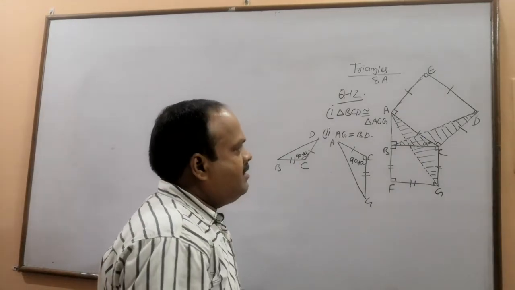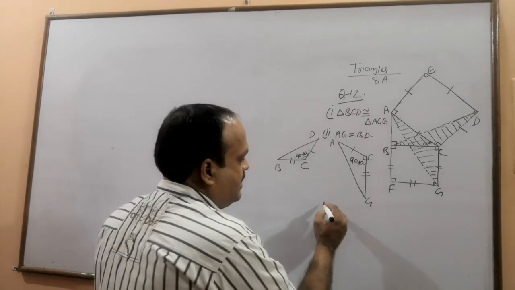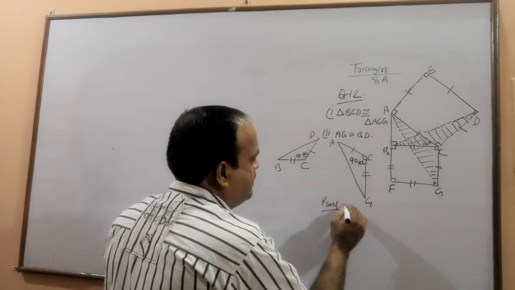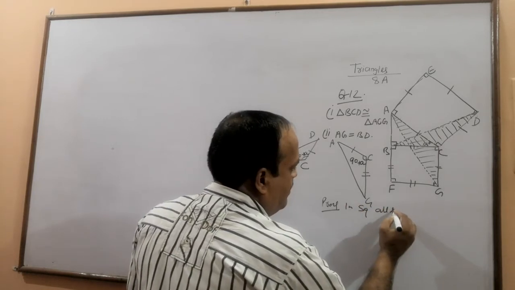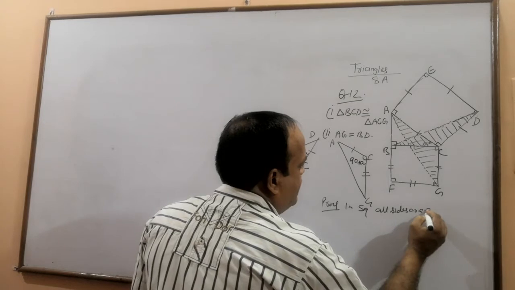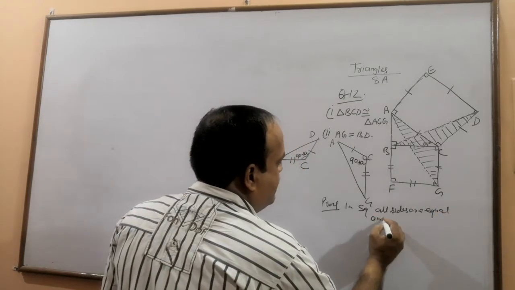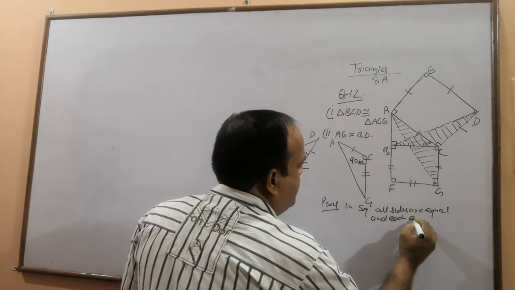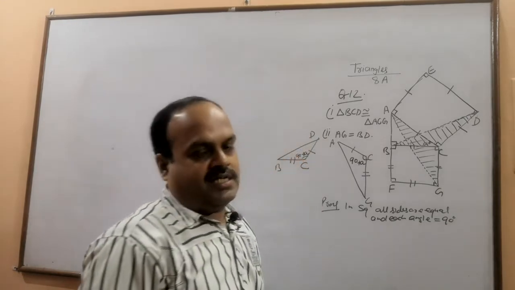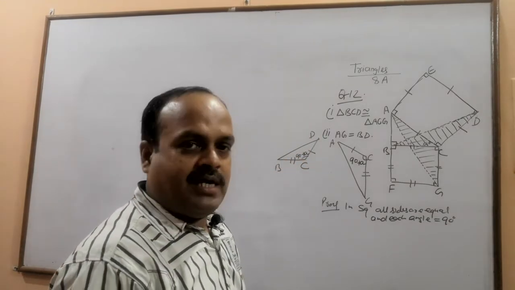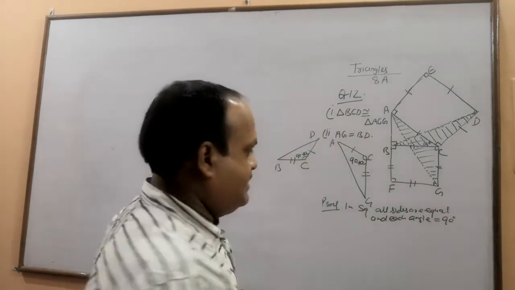So before proving the congruency, I write that in square all sides are equal and each angle is 90 degree. Okay. Now you prove the congruency between these two triangles.